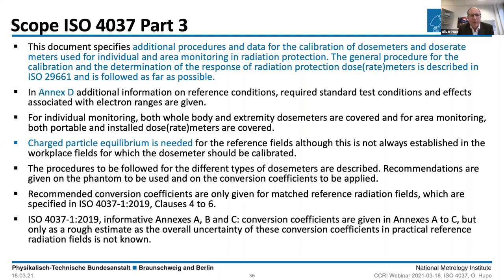In Annex D, additional information on reference conditions, required standard test conditions, and effects associated with electron ranges are also given. For individual monitoring, both whole body and extremity dosimeters are covered, and for area monitoring, both portable and installed dosimeters are covered. I think that is important, that you can calibrate any dosimeter.